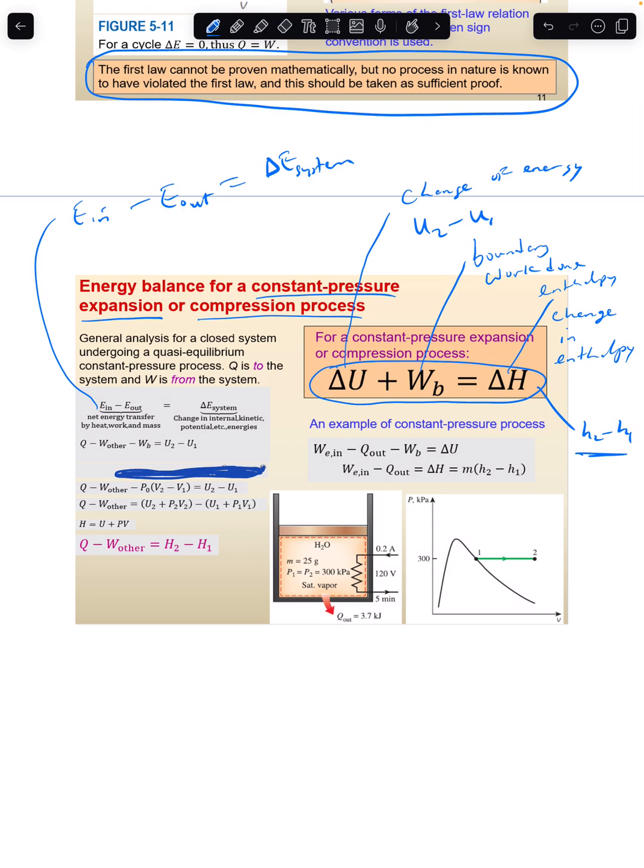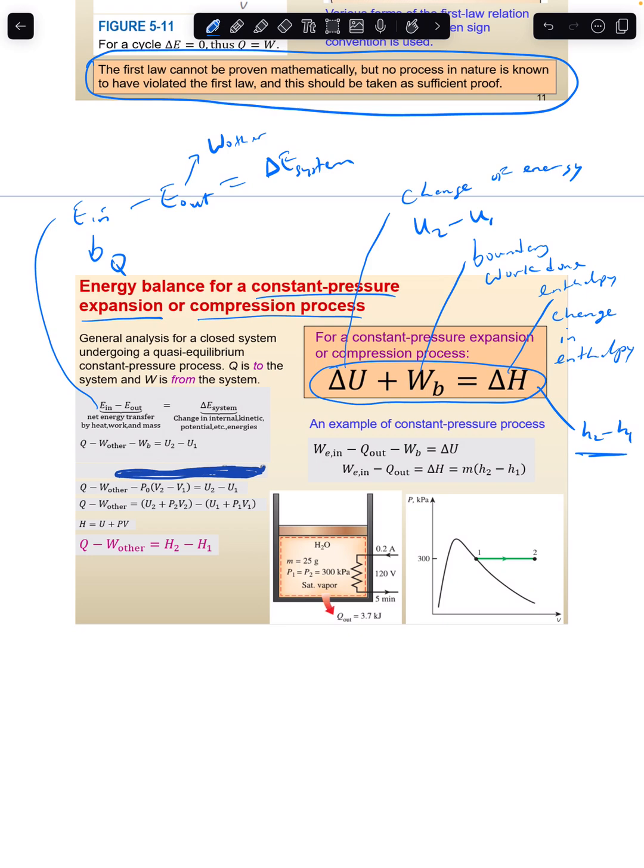And you know for sure that this energy in and energy out depend on the system. If you look at the system, the energy in can be heat. The energy out can be work, which we can call other form of energy.